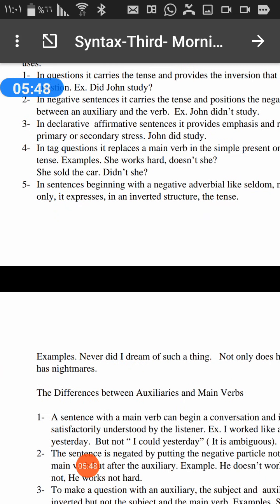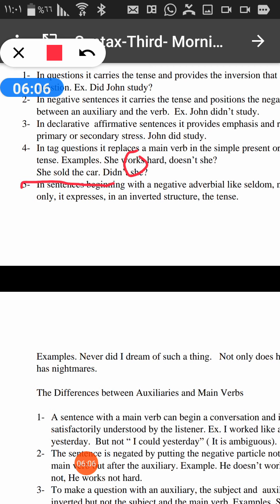Examples: she works hard, doesn't she? Here does is used instead of works, بمعنى it replaces a main verb here which is works. But in the past, as in this example, she sold the car, didn't she? Here the auxiliary did is used instead of sold.